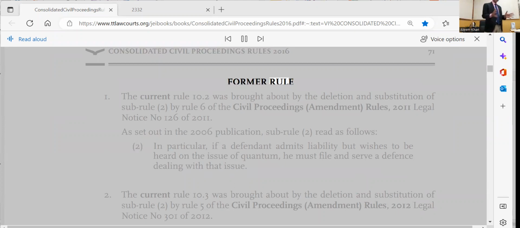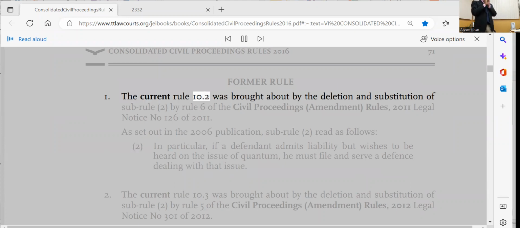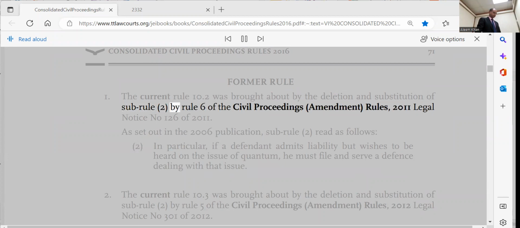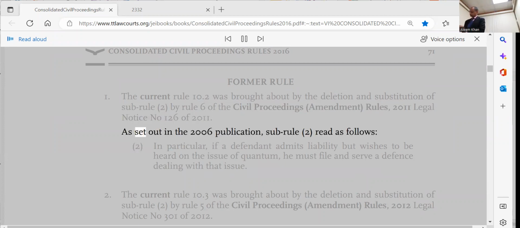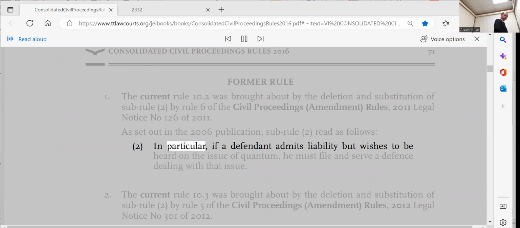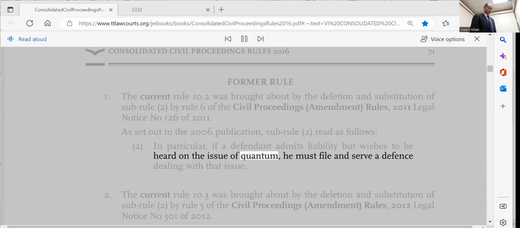Former Rule 1. The current Rule 10.2 was brought about by the deletion and substitution of Subrule 2 by Rule 6 of the Civil Proceedings Amendment Rules, 2011, Legal Notice No. 126 of 2011. As set out in the 2006 publication, Subrule 2 read as follows. 2. In particular, if a defendant admits liability but wishes to be heard on the issue of quantum, he must file and serve a defense dealing with that issue. 2.